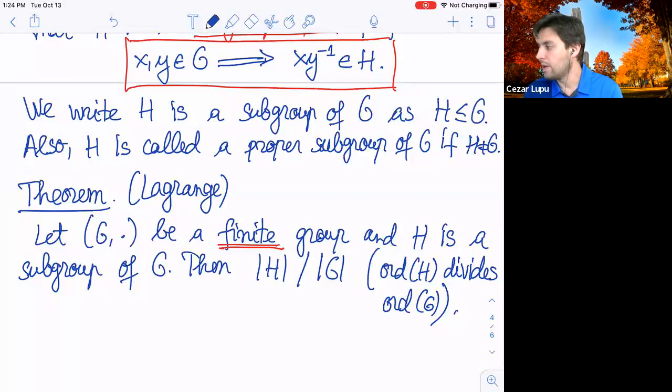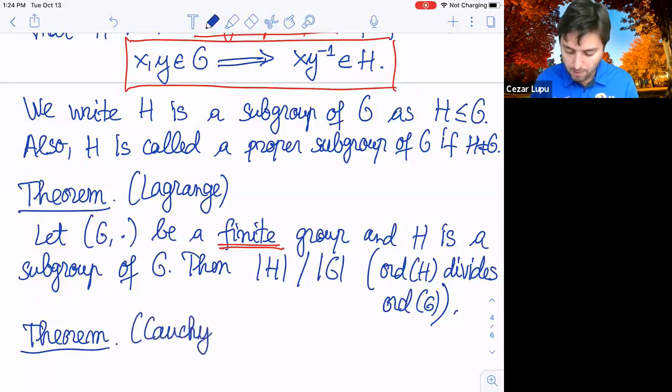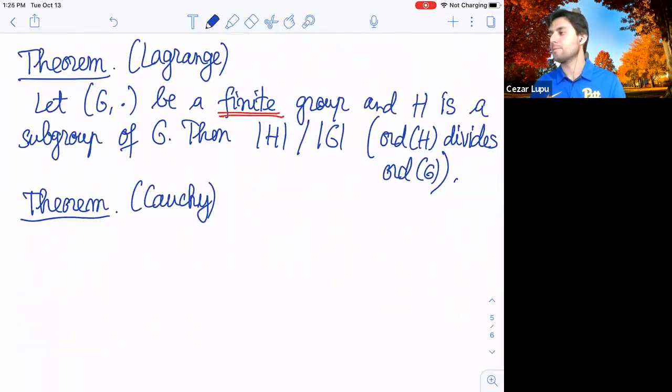All right, and now let me give you another theorem. Probably, I'm not sure if this was taught in Foundations, but you can tell me, and we'll talk about the consequences of this theorem. I think the consequences are much more important. The theorem of Cauchy, and I'm going to state it in this way.